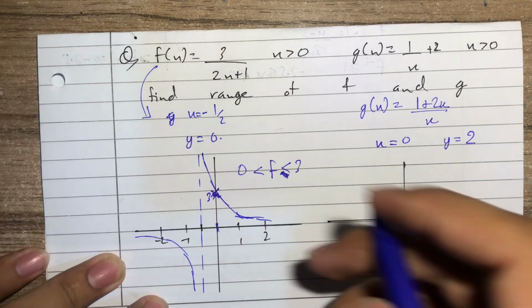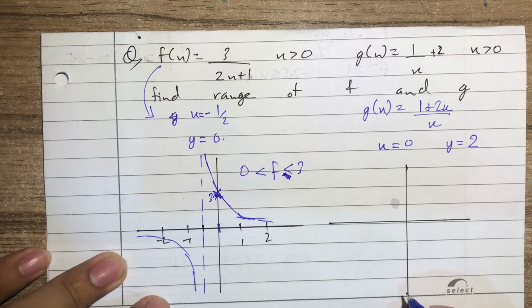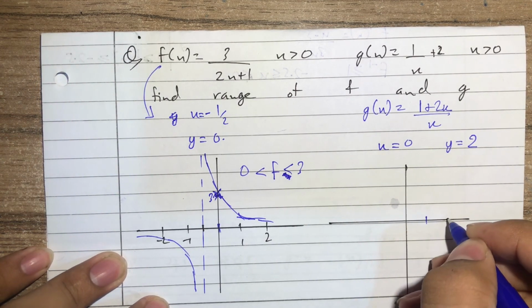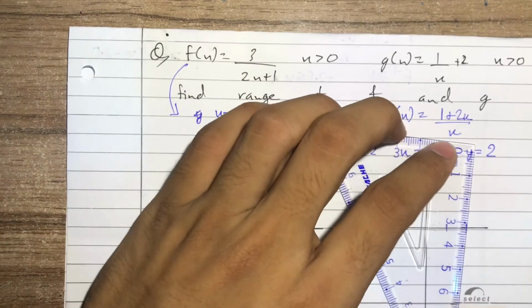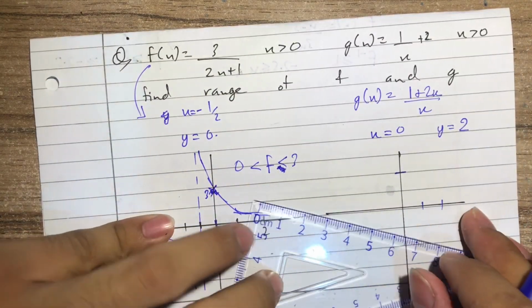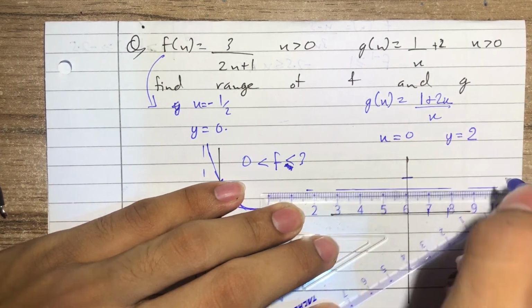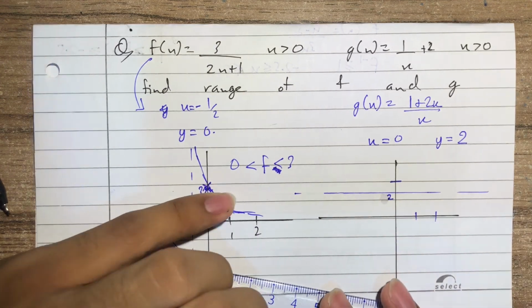So x equals 0, that is the y-axis, is the vertical asymptote, and the horizontal asymptote will be at 2. Sorry, over here, or let's say this is 2.